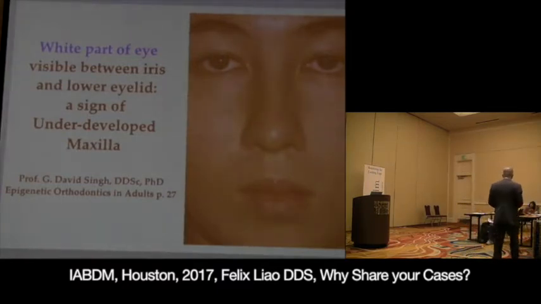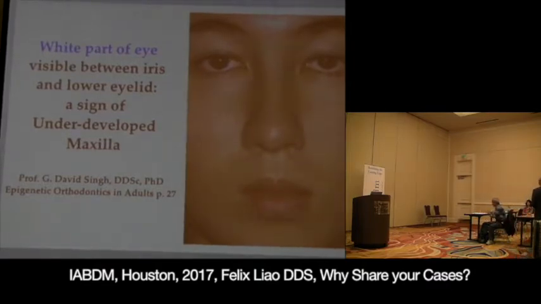This is not well-known research. This is like pioneer clinical observation, but it is anatomically correct. The maxilla has 3D. When it's deficient, it's deficient in all 3D. So this is deficient in the vertical dimension. So a maxilla that's narrow would also be deficient here.